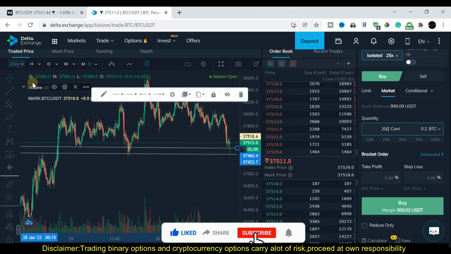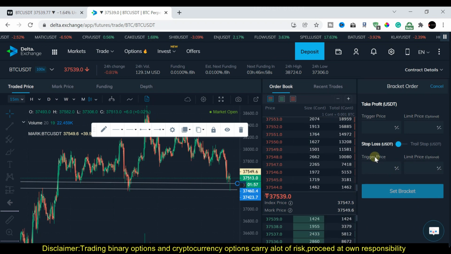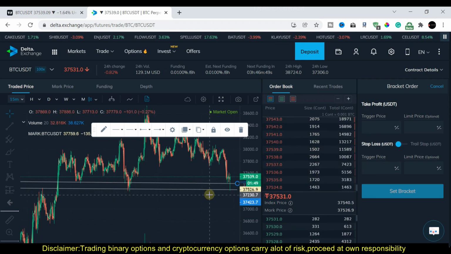So my stop loss will be around 37,200. So you go to advanced, put your stop loss to, I can put 37,230.